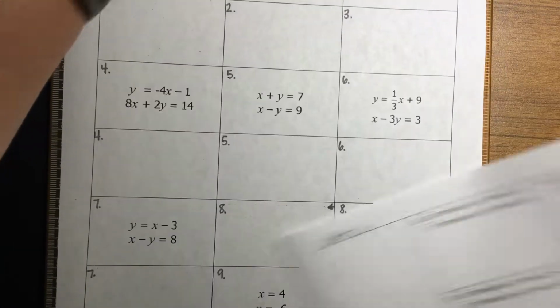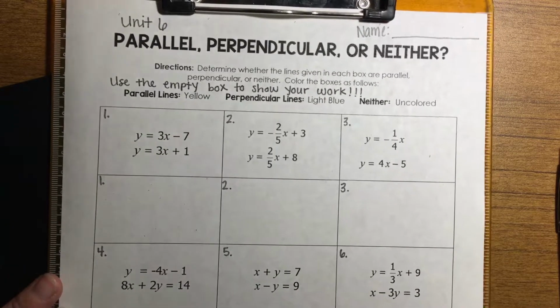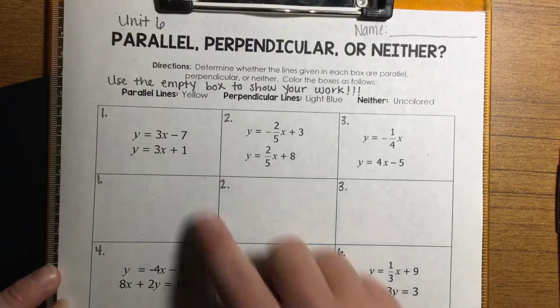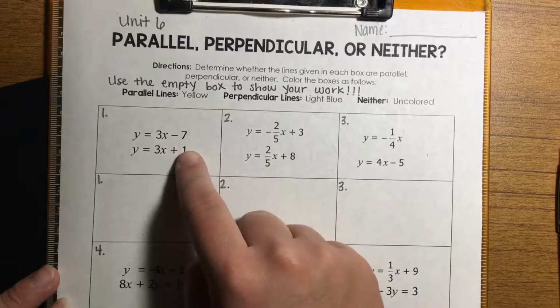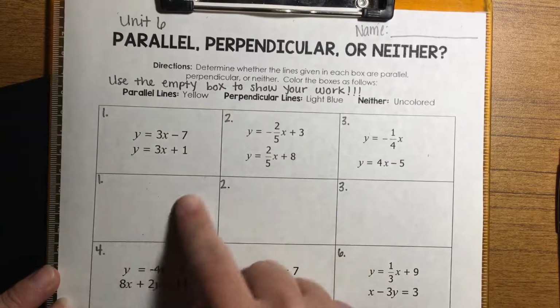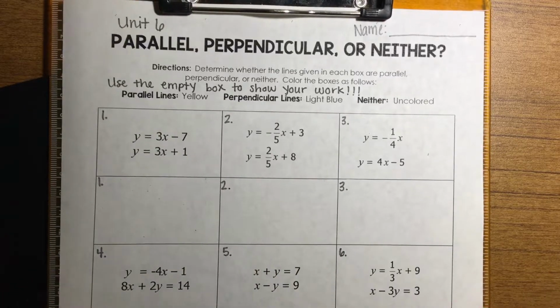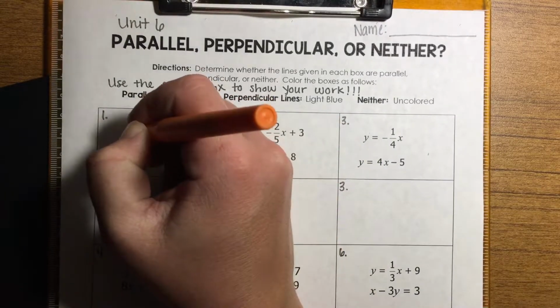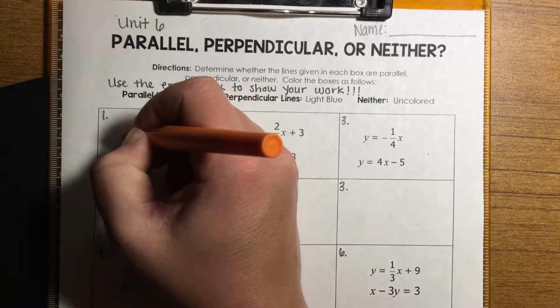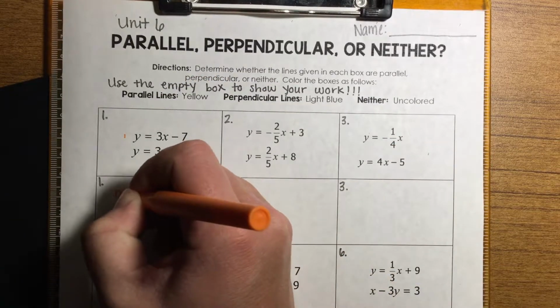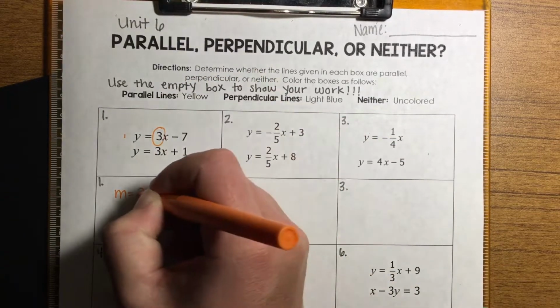The next thing that you need to work on is this parallel, perpendicular, or neither worksheet. If you look, here are 2 equations given here. You need to show your work here. For this particular problem, my first slope, I'll show this one in orange, I have m equals 3.